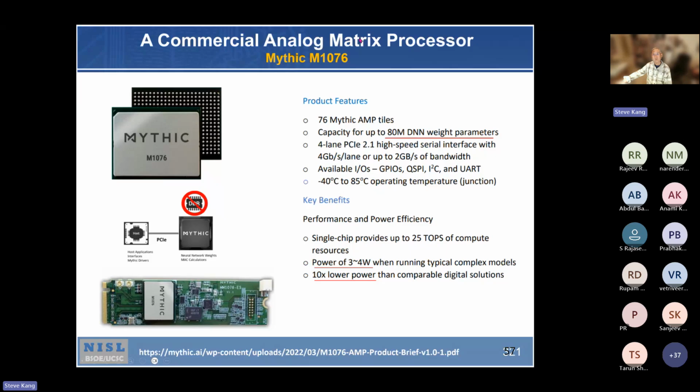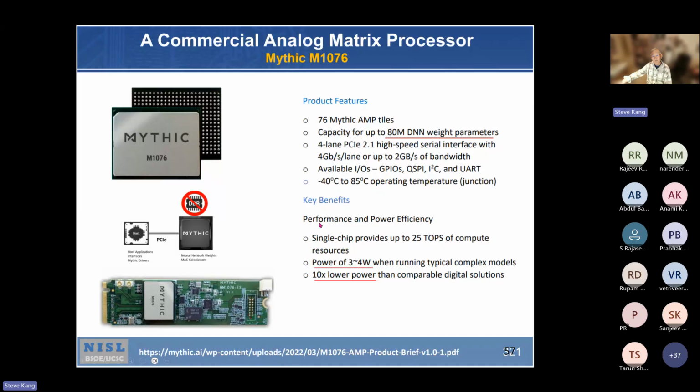Commercial analog matrix multiplication processor, see? This is Mythic, I don't know which spelling is correct. It's a startup company. They have 80 million deep neural network weight parameters, see, it can hold up to 80 million weight parameters in this box.